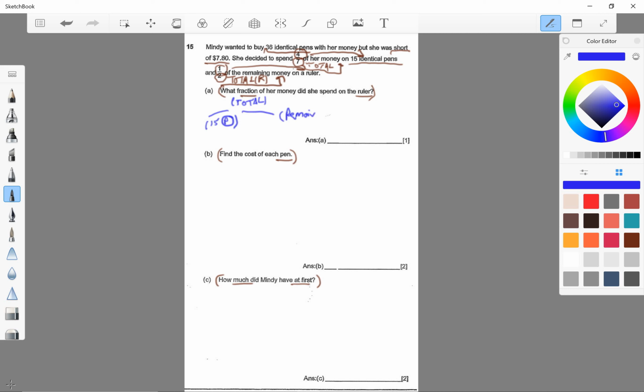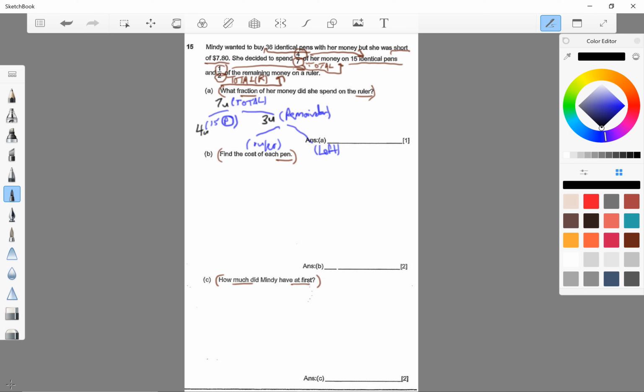And out of the remainder, we branch further to the ruler and our left, L-E-F-T. So basically the total is 7 units, and numerator 4 goes to 15 pens. So based on number bond, 4 and 3 give us 7.